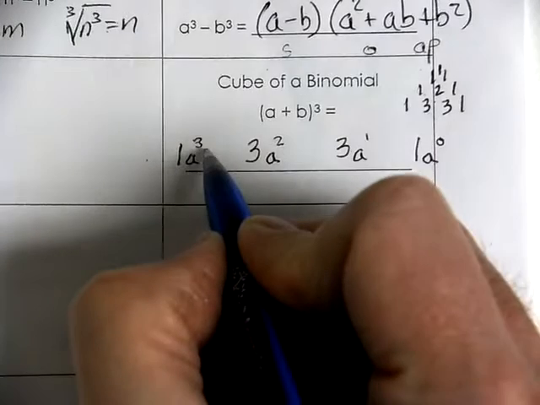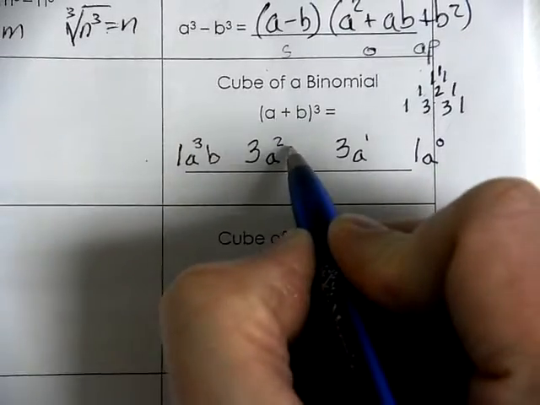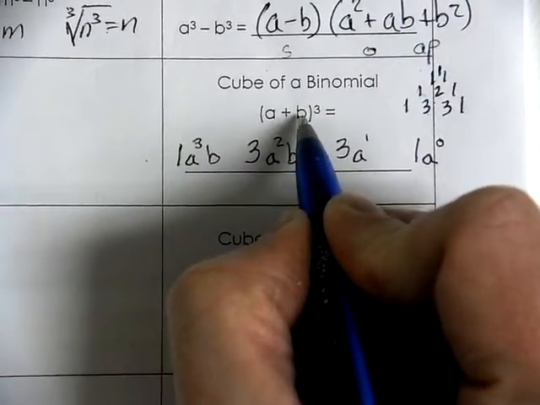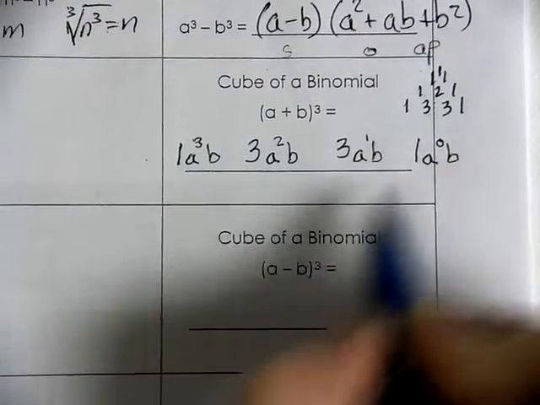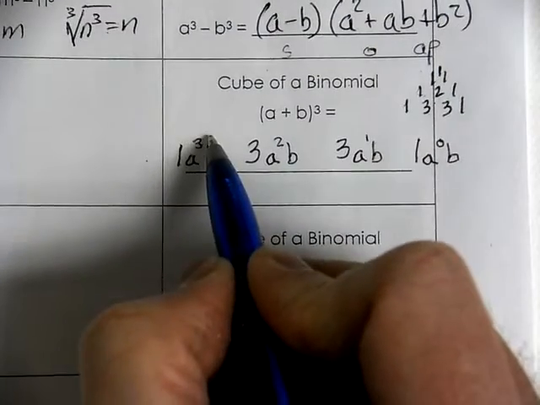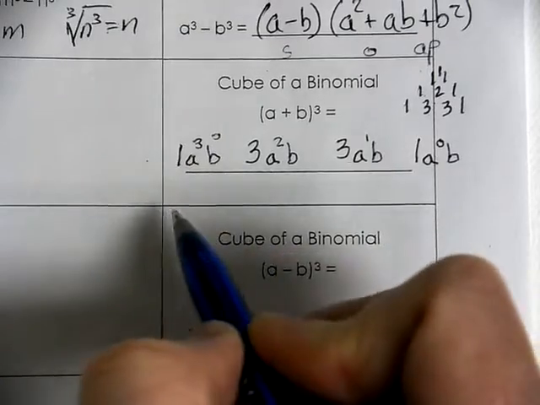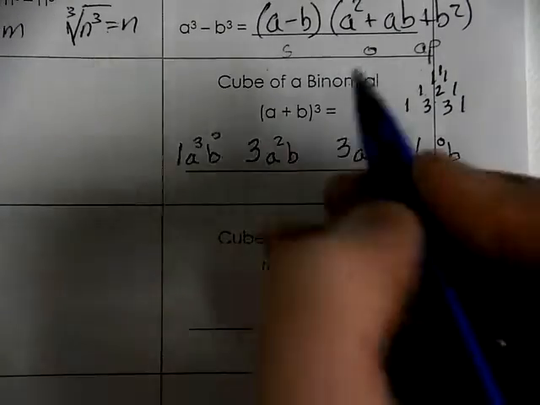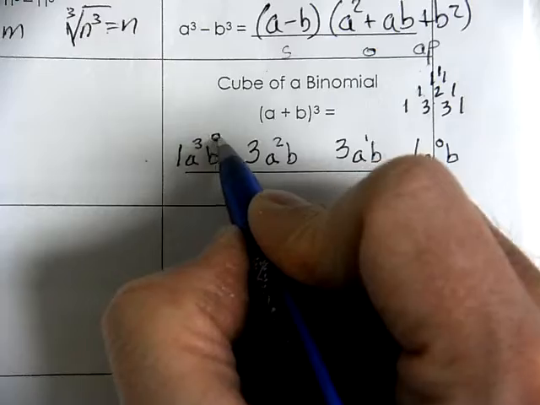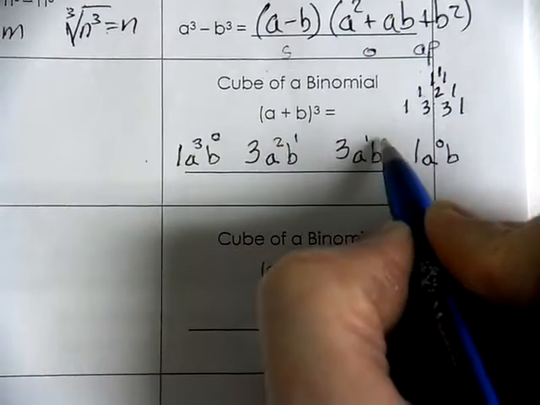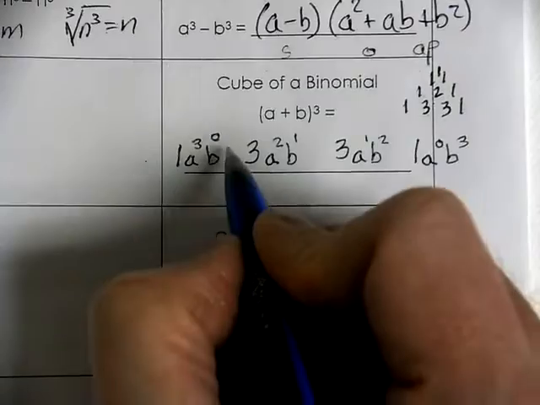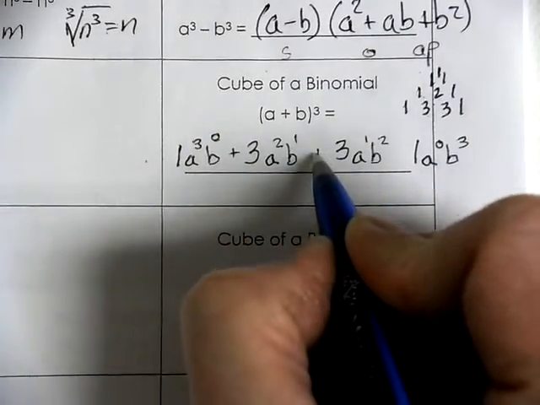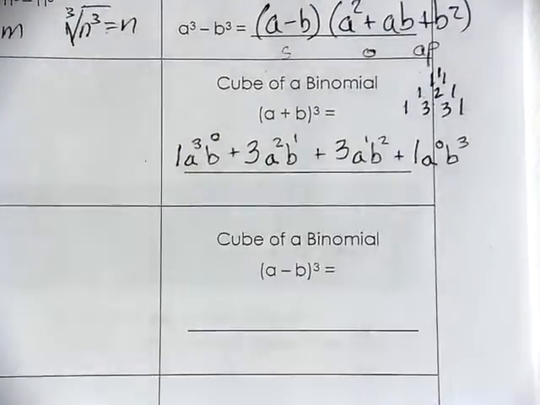Then we're going to multiply it by b, by this b term. This first one is not going to be a 3, but we're going to go backwards. So we're going to go 0, then 1, then 2, then 3. So that is your pattern of what we're doing.